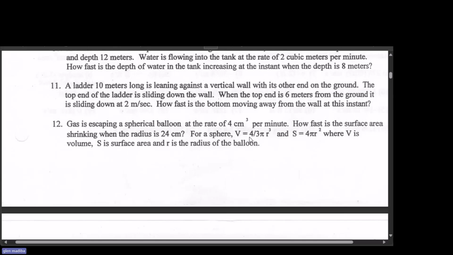Yes. Now we differentiate this V with respect to time. On the left-hand side, it will be dV over dt, equal to 4/3 pi.